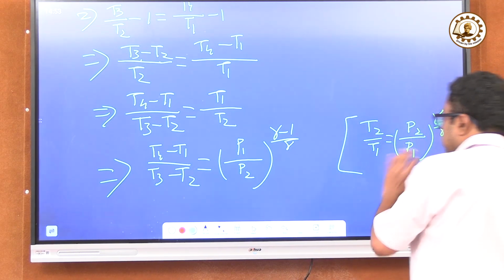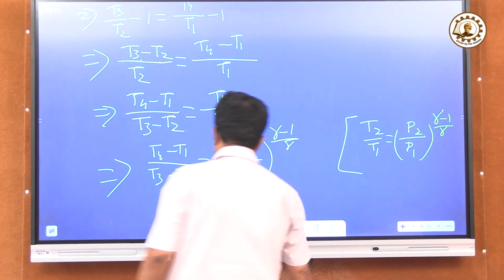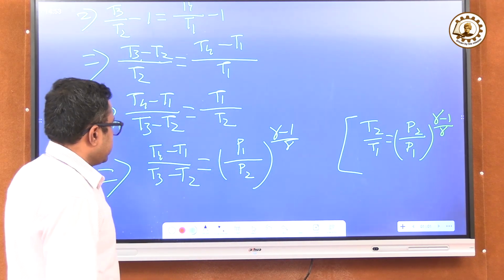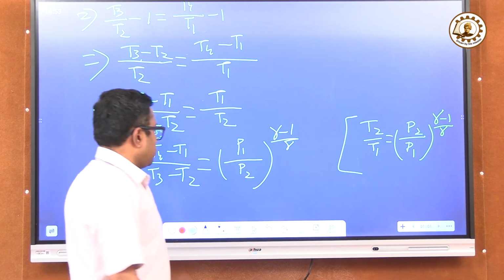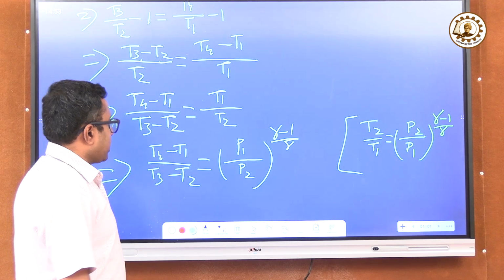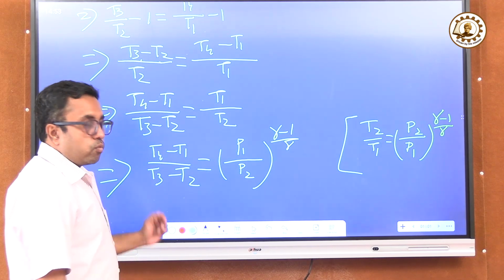Then from here, if it is (P1 by P2) to the power (gamma minus 1) by gamma, how can we get it in terms of the compression ratio?